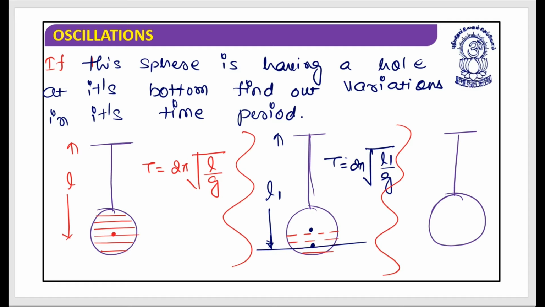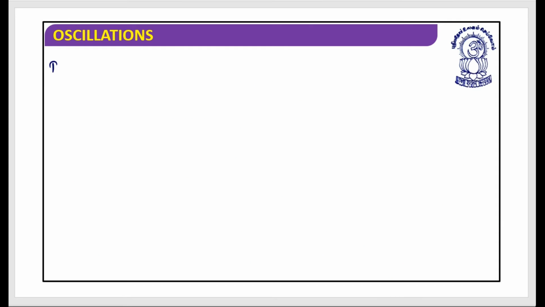Again, if it is completely hollow, it is going to regain its length as the previous one. Then this is equal to L, and the time period is 2π root of L by g. So in this kind of situation, initially it was length L, finally it was length L, and in between it is length L1.